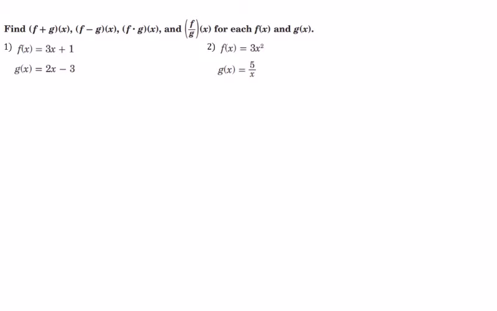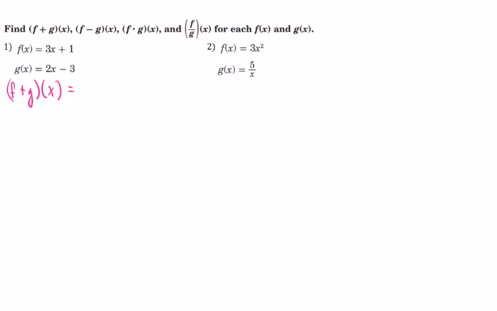So here we're looking to operate, right? We have all these operations, so we want to do those for each f of x and g of x. For number 1, let's start by adding. So f plus g of x is going to be just f of x plus g of x, right?